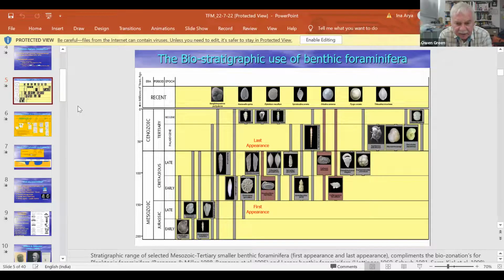Once we've determined that, we can often apply a biozonation scheme in their use. So it usually works very, very well with smaller planktonic foraminifera. As we'll see in the next few slides, not so good with the larger benthics. Okay, next slide, please.